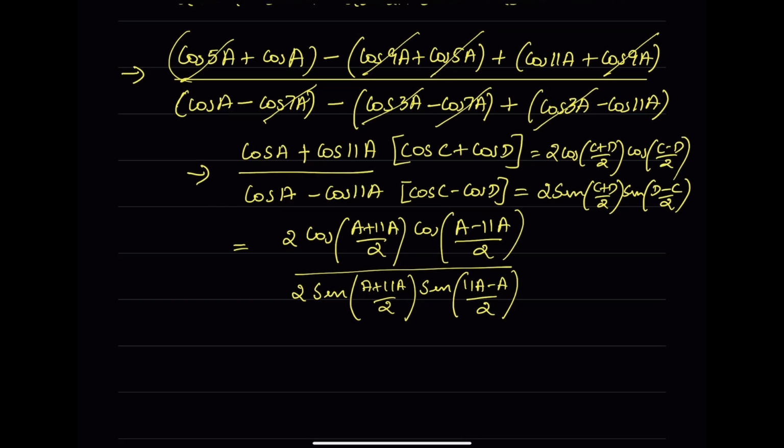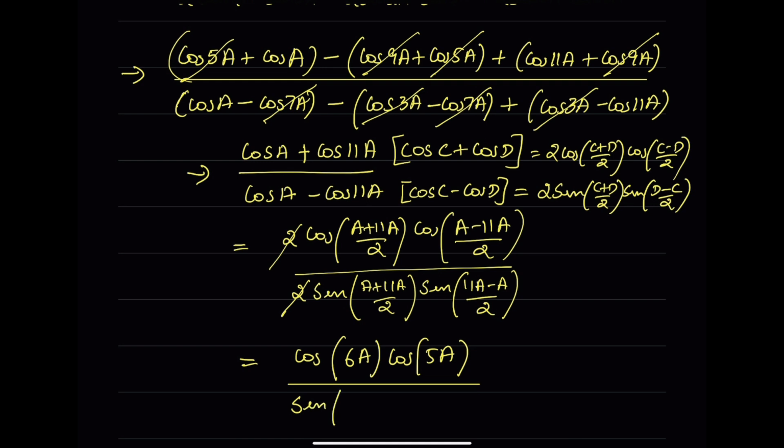So here we can cancel out the 2 and the numerator will be cos of 6a times cos of 5a. Denominator would be cos of 5a, because cos of minus 5a is cos 5a. So then denominator would be sine 6a times sine 5a.